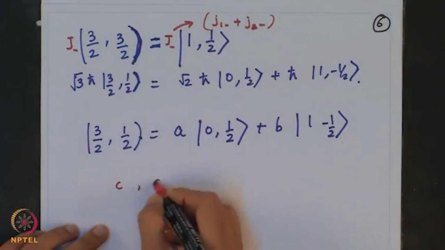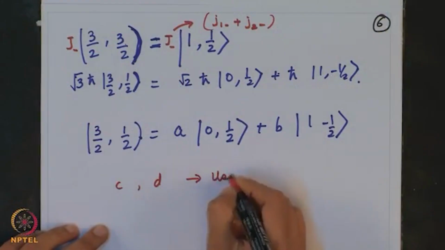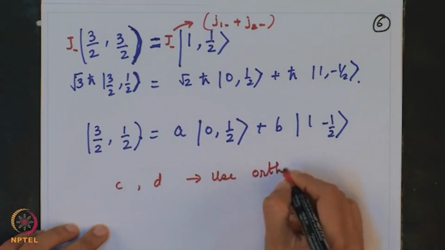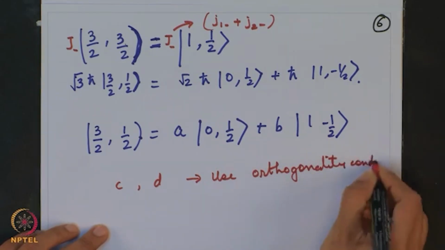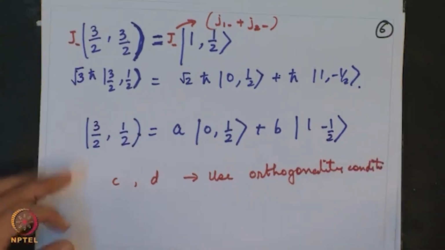Now, using the orthogonality condition, you can obtain the values of C and D. It is very simple to check, and why are we using the orthogonality condition?